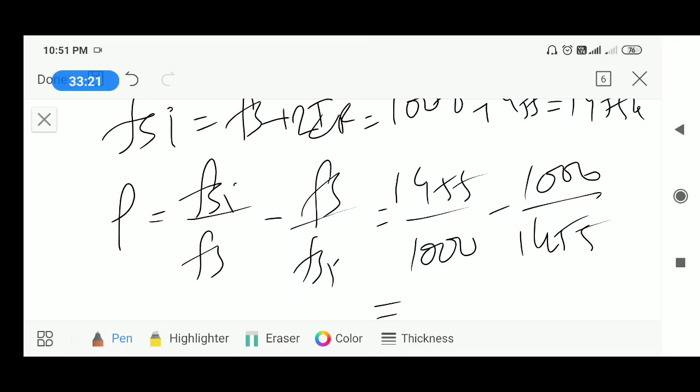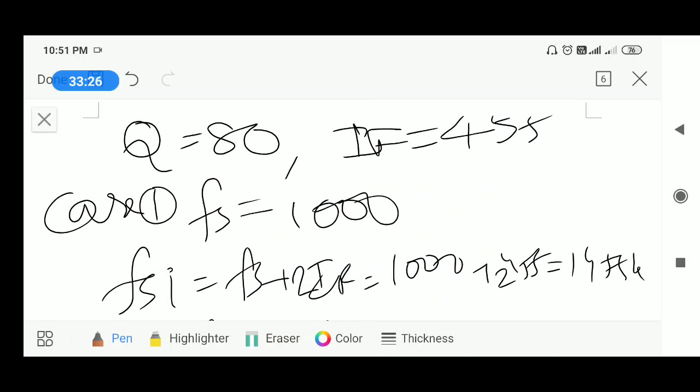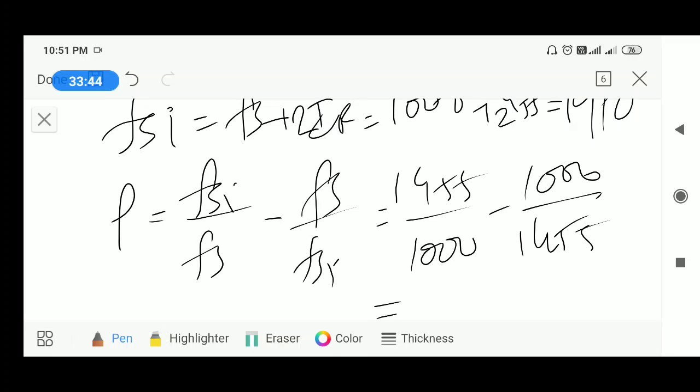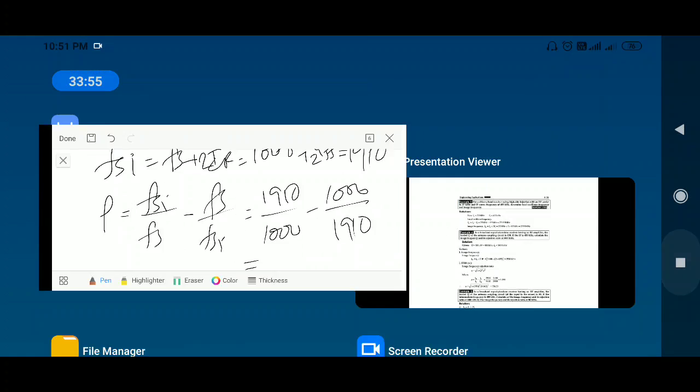Fsi is equal to Fs plus 2IF, that is 2 into 455, which is 910, so Fsi is 1910. Then rho is 1910 divided by 1000 minus 1000 divided by 1910, and its value comes around 1.386.